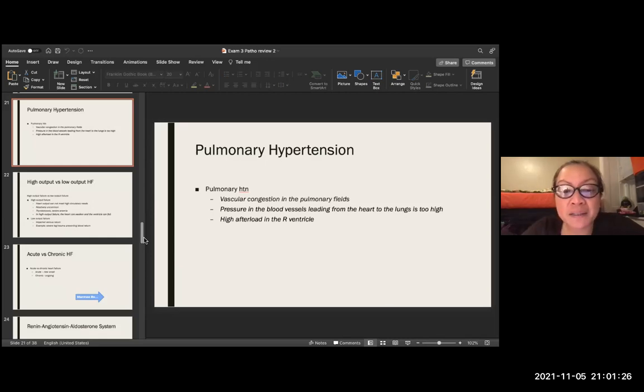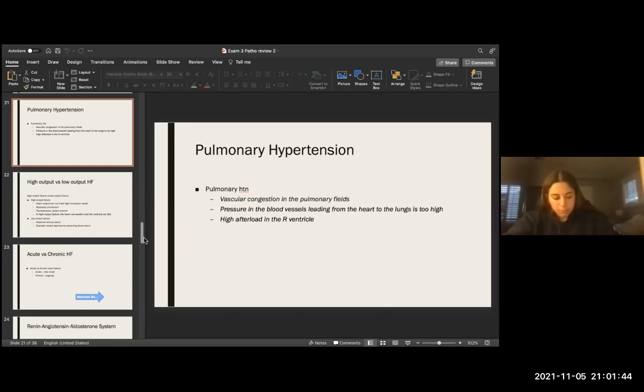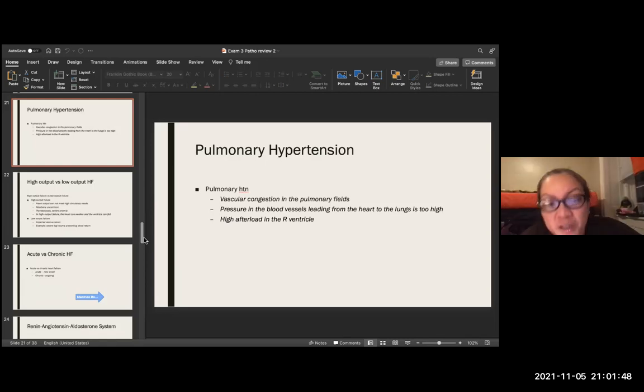And then there's the high afterload in the right ventricle. Why do you think the high afterload is in the right ventricle? Because the right ventricle will put the blood to the lungs. So the high afterload will make it work harder to throw the deoxygenated blood to the lungs.